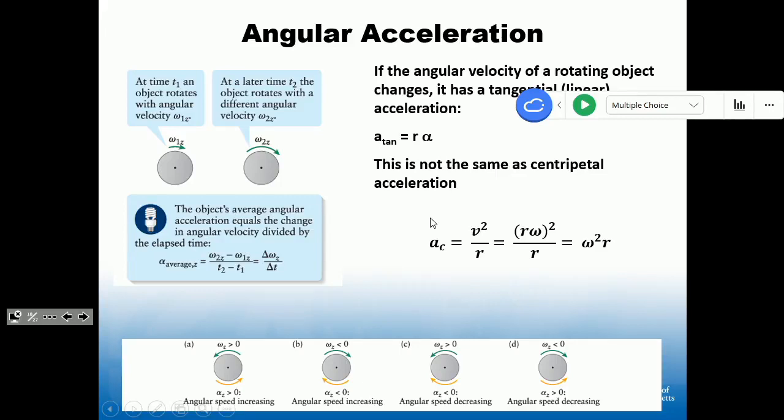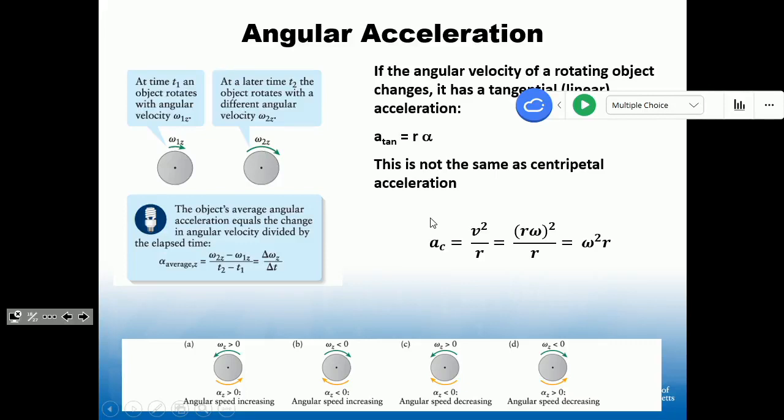So centripetal acceleration is r omega squared. It exists anytime something is moving in a circle with an angular speed omega. Everyone with me? There is no requirement for omega to be changing.